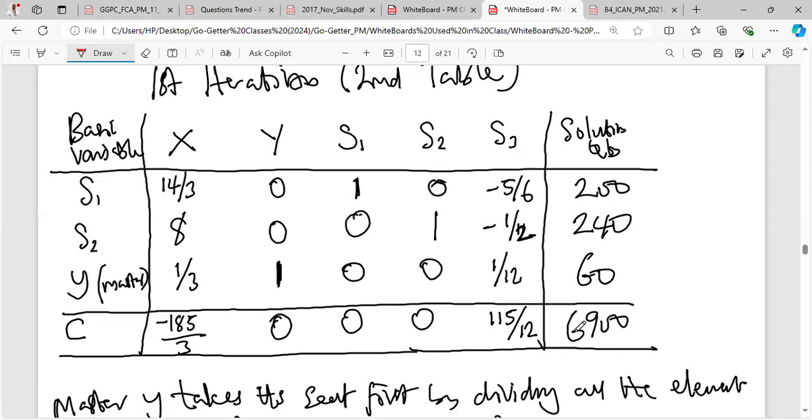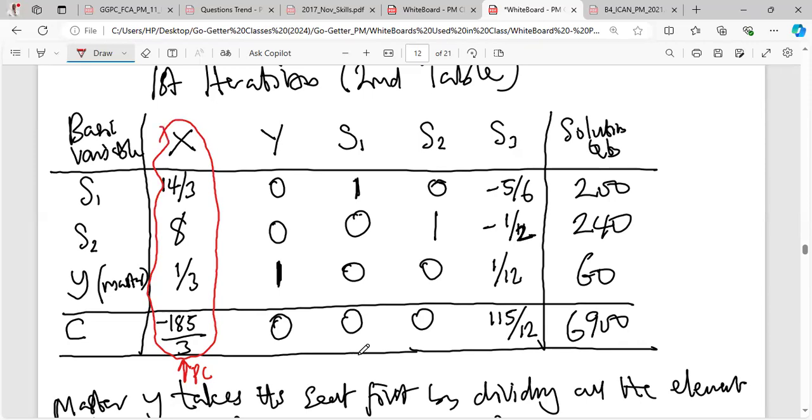There is room to improve this contribution because we have something that has negative here. This now becomes the pivot column, the new pivot column. Now, it means that X, the family of X, is now in line to be the new king after the old king has reigned.